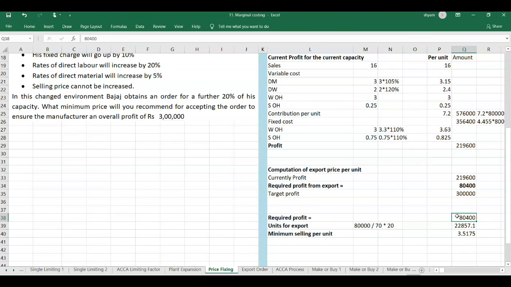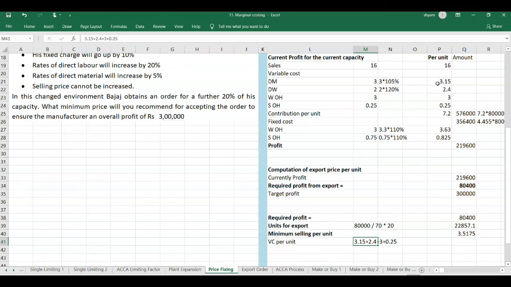But can we price it that way? See, our variable cost per unit, I think we've added all of them put together, comes to 8.8. If you want, we'll type it here: 3.15 plus 2.4 plus 3 plus 0.25.